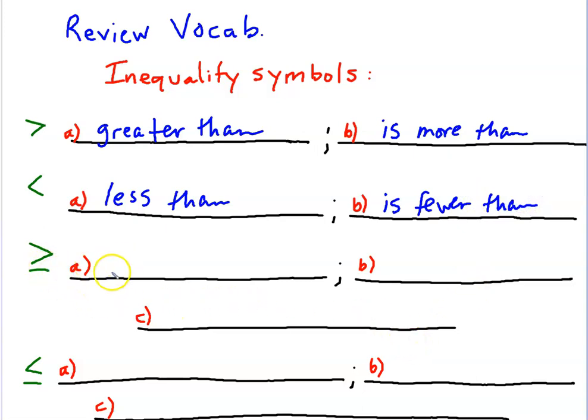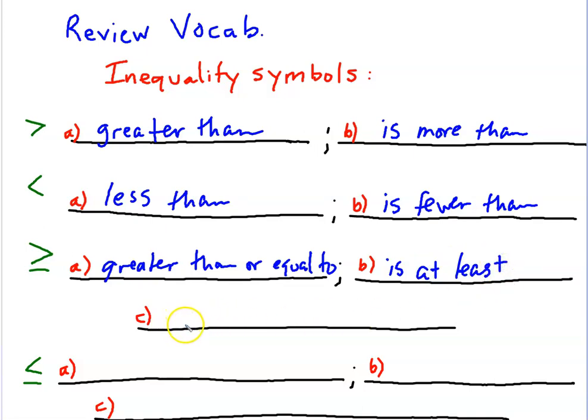This is greater than or equal to. But we may see it in a word problem. It means greater than or equal to, but maybe it's worded as is at least. Or it may be called is no less than.